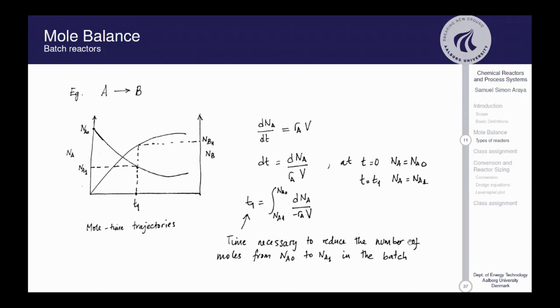This is the time required to move this amount of A to this amount. We're still talking about the same species, but there will be much less here compared to here. That is the time required, and the ratio between these two will just be our conversion.